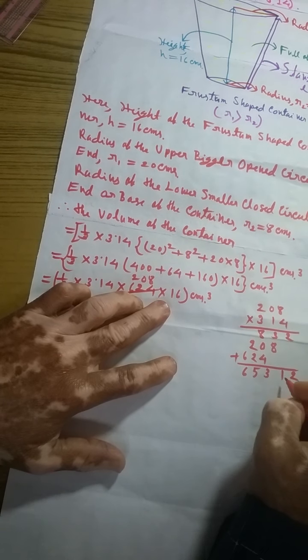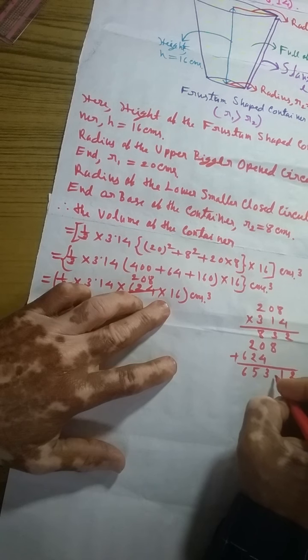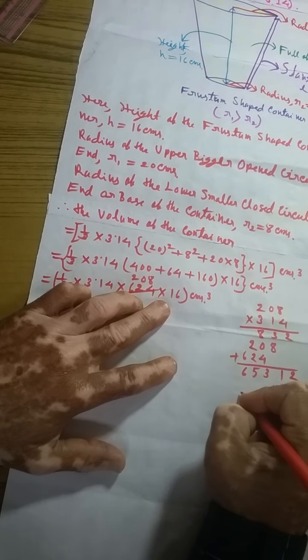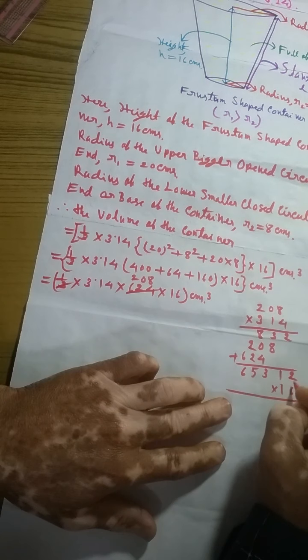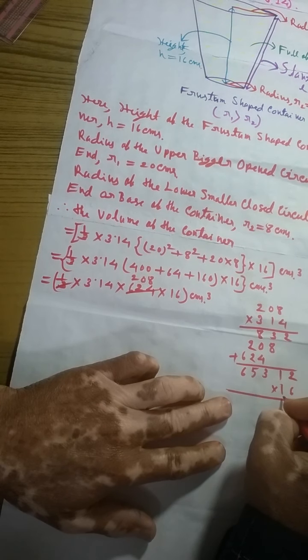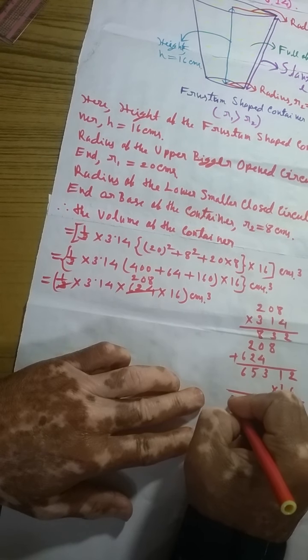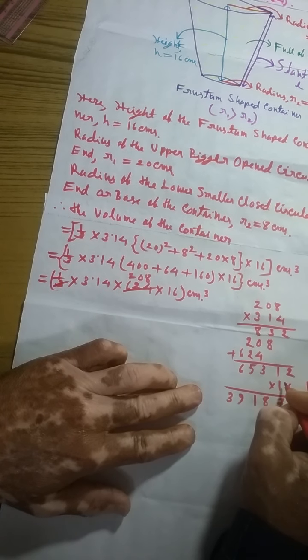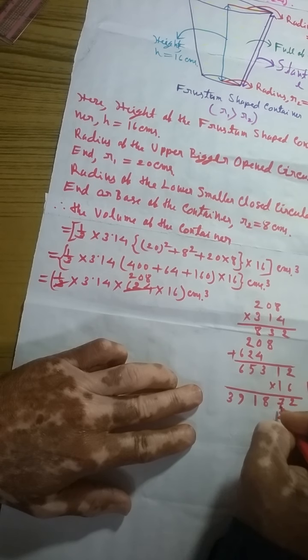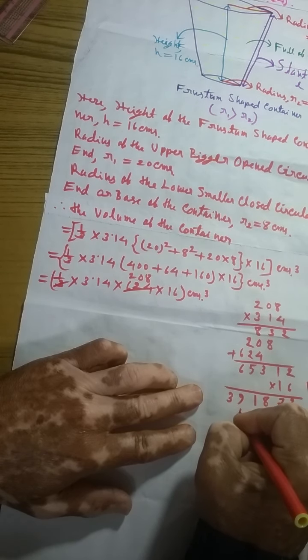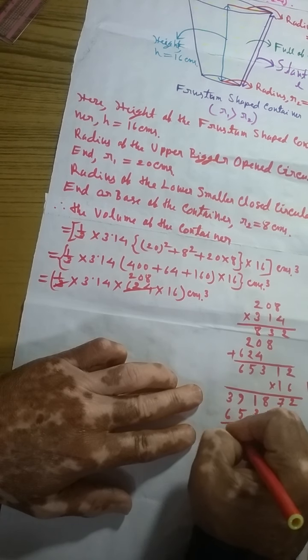After this, if we multiply this number by 16, we will get 6 2s are 12, 6 1s are 6, 7, 6 3s are 18, 6 5s are 30, 31, 6 6s are 36, 39, 1 2s are 2, 1 1s are 1, 1 3s are 3, 1 5s are 5, 1 6s are 6.